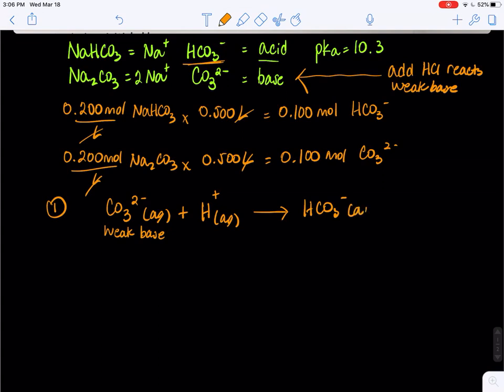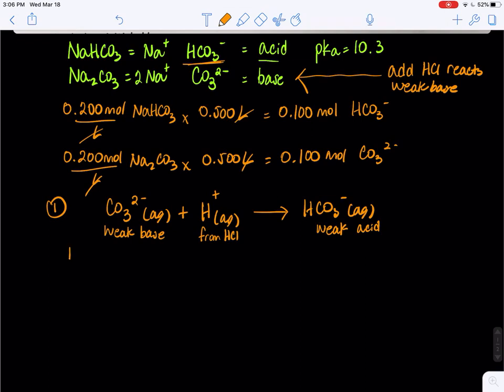So this is the reaction you want to have when you're adding H plus. This comes from your HCl. And this over here is the conjugate acid of your weak base. So it's a weak acid and a weak base here.